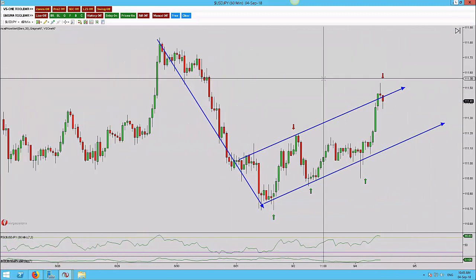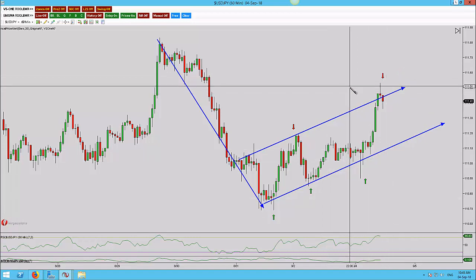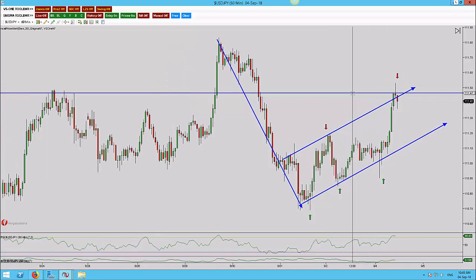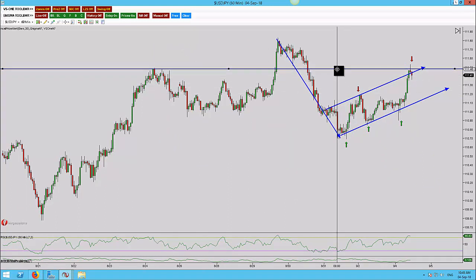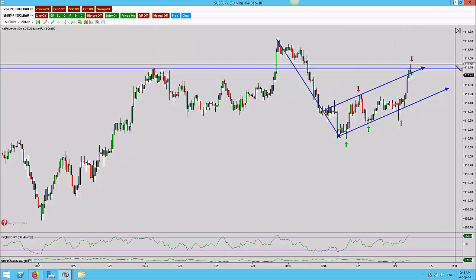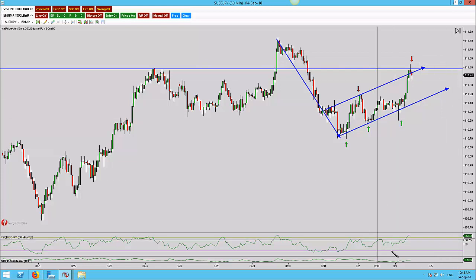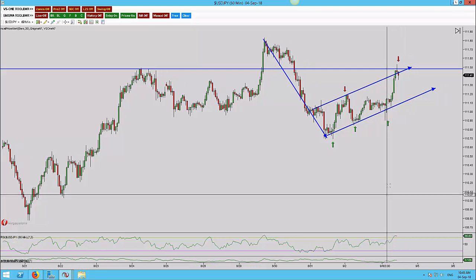So what we've just had is an inverted hammer, and let me put that structure level back in there, and as you can see that structure level has come right into our left shoulder here. So we've got the inverted hammer, it's a psychological number 111.50, and we have gone overbought at just over 88.